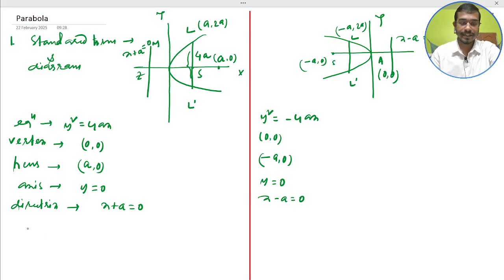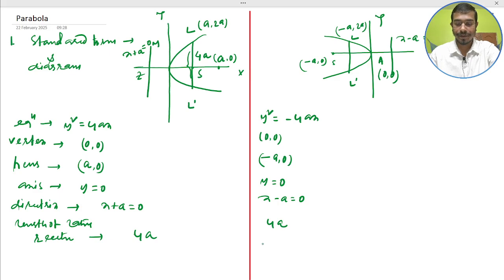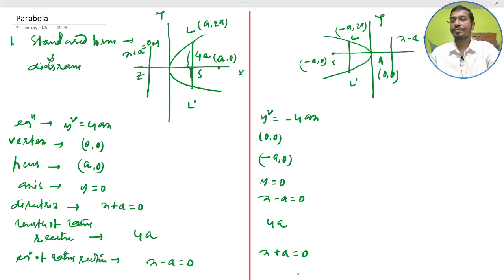Length of latus rectum, very important: here the length 4a and here also 4a, same. Equation of latus rectum: here x minus a equal to 0 and here x plus a equal to 0. These are the differences of these two.